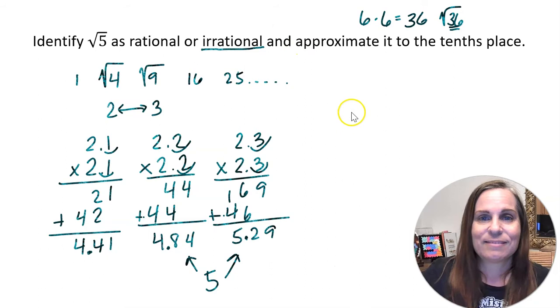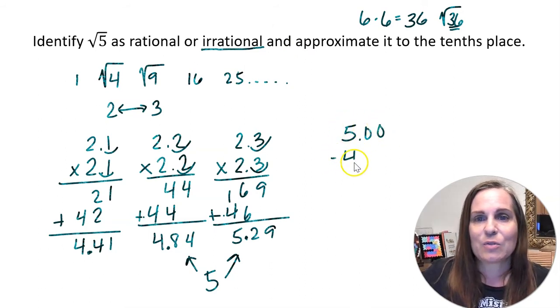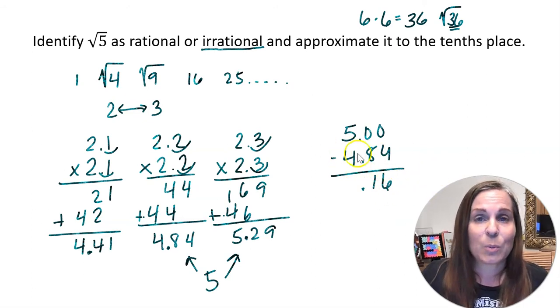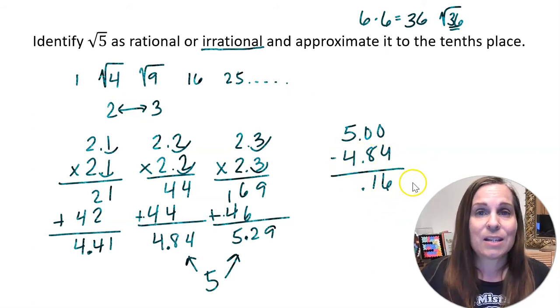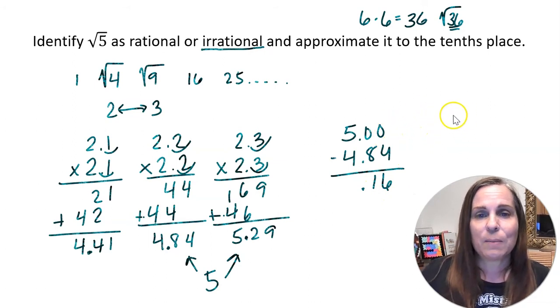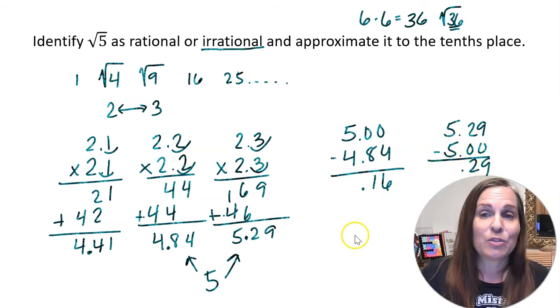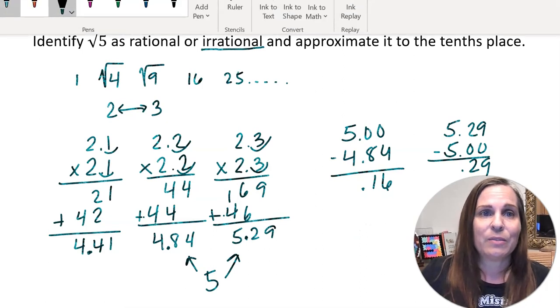Well, 5 minus 4.84 is 0.16 away, right? So 4.84 is 16 hundredths away from 5. And our other number is 29 hundredths away from 5.